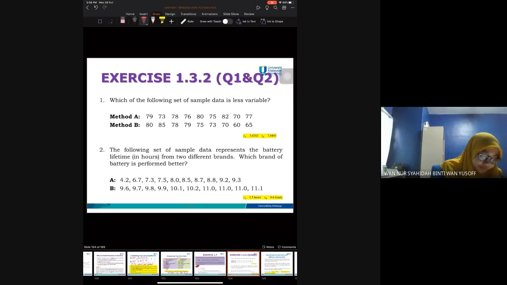Which of the following sets of sample data is less variable? So the keyword here is less variable. How to identify which one is less variable? In order to know that, we go to the variability.